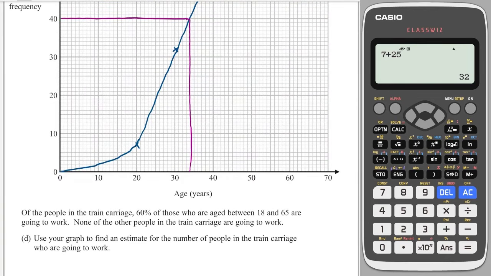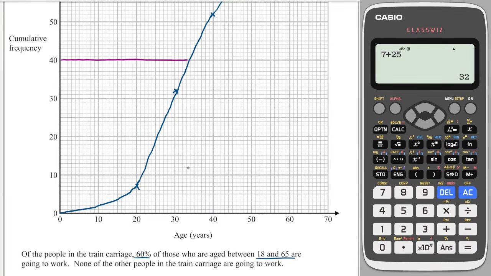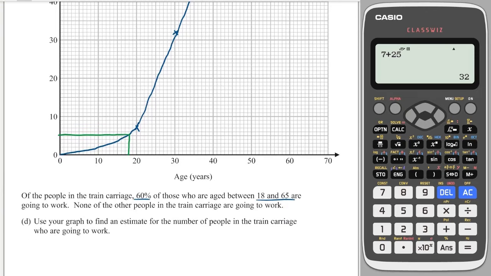Okay, we're now asked that of the 60 people, 60% of those people who are aged between 18 and 65 are going to work. None of the other people are going to work. Okay, so we need to find 60% of the people which are between 18 and 65. So at 18, we go up, we go across, and we have roughly about 5 people who are less than 18.